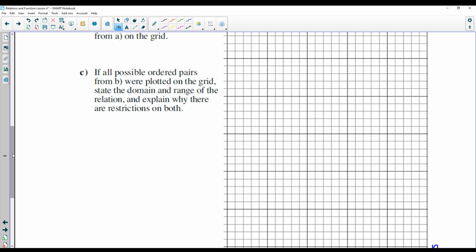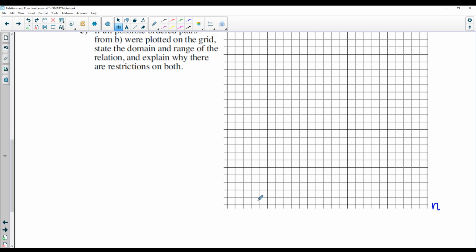So I'm going to make every 5 grid lines, every major grid line, go up by 100. So you have 0, 100, 200, 300, 400, and then 500.